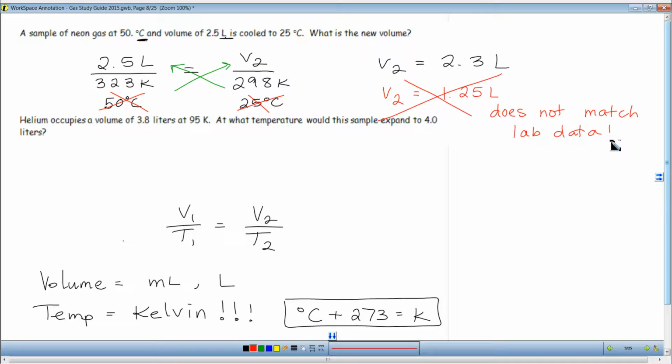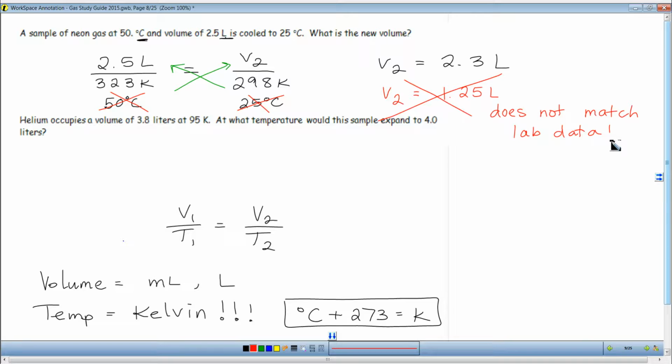The 2.3 matches what we experience in the lab. It matches the lab measurements. So we must do our calculations using Kelvin. Not a big deal, because I'm going to tell you the conversion between Celsius and Kelvin. You really just have to remember to do it.